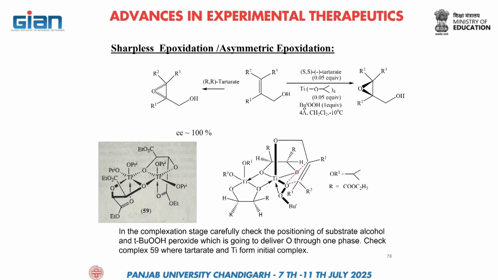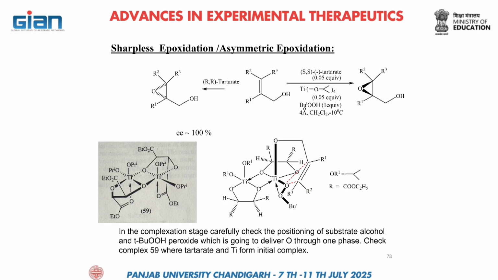Now if you choose the other tartrate, then the allyl alcohol and tertiary butyl hydroperoxide are going to hook from the bottom side, then the oxygen is delivered to the substrate and your reaction is going to occur.